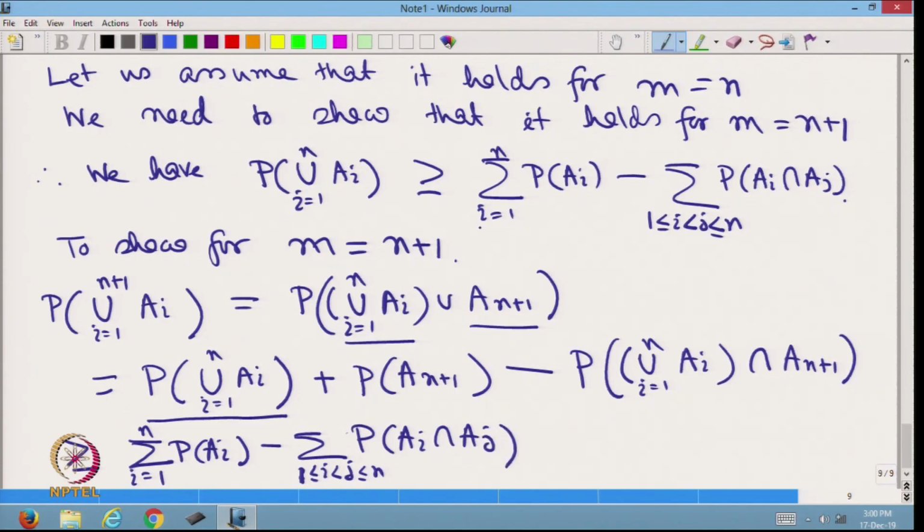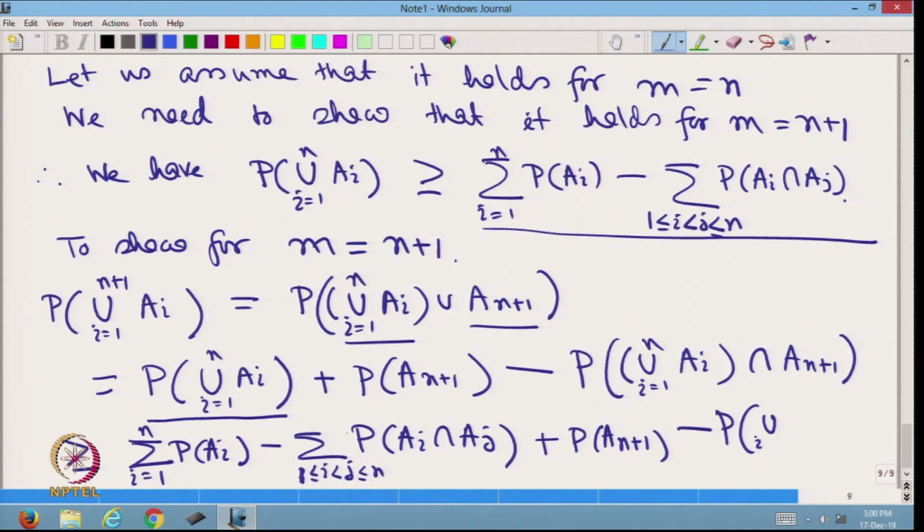This we get from this line. Therefore, this inequality comes here, plus probability of A(n+1), minus this term, probability of union over i is equal to 1 to n of Ai intersected with A(n+1).